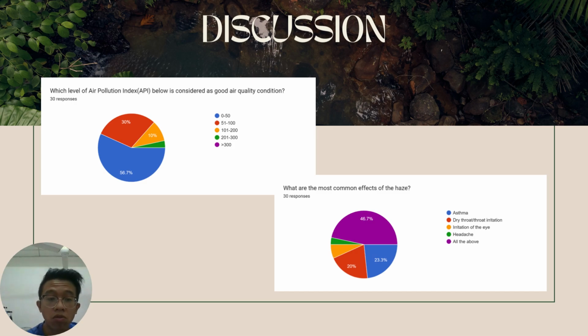From this data, we know that most respondents are aware that a lower API reading indicates clearer air, so we have a wider vision when we go outside in the haze.